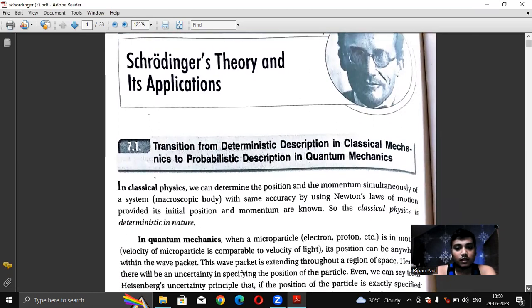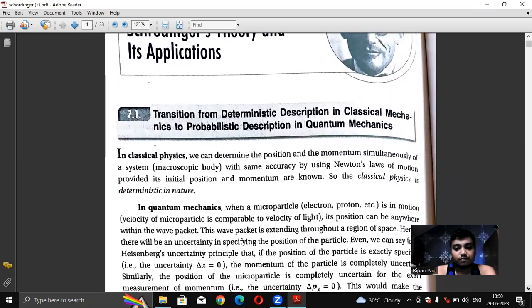So see, there is one thing written here: the transition from deterministic description in classical mechanics to probabilistic distribution in quantum mechanics. In classical mechanics, the position and momentum of a system can be known simultaneously with the same accuracy.